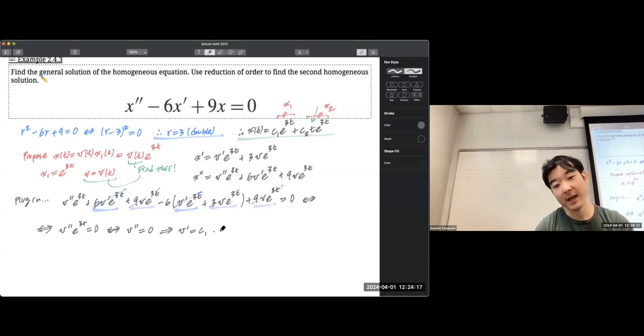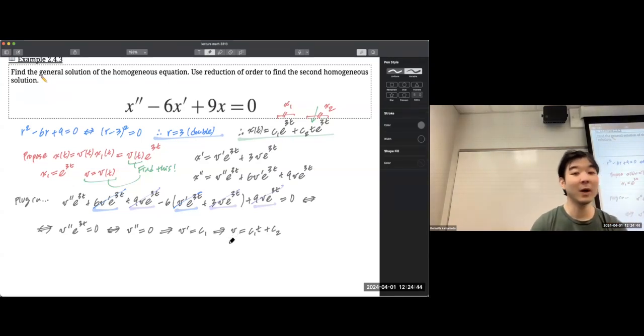Now let's integrate this again. If you integrate this again, you'll get C1t, plus another constant, we'll call it C2. So there's always another constant that comes every single time you integrate.